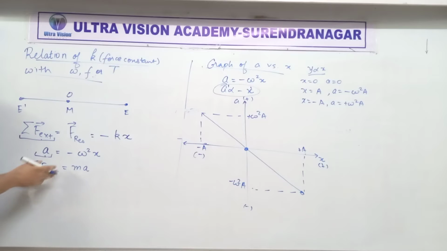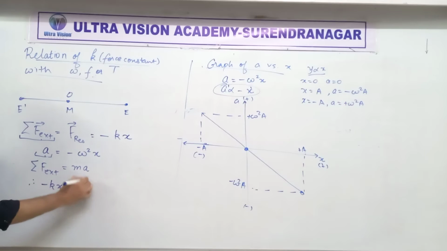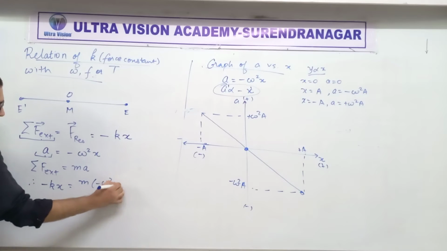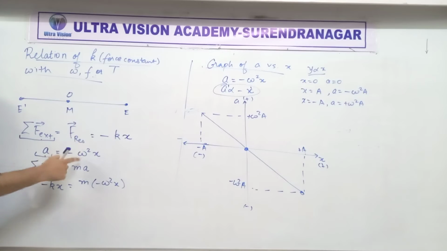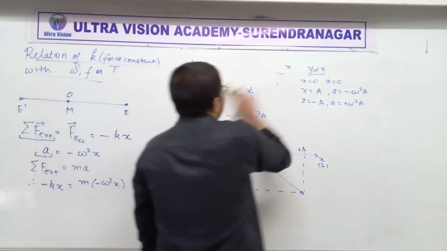So sigma F external is mass into acceleration. So this is going to be minus kx equal to m into minus omega square x. Very simple, just put these two values. X cancelled and we get the relation. Nothing complicated here.